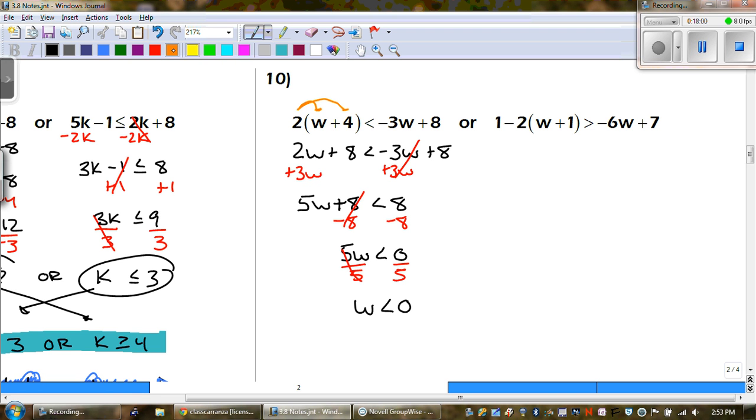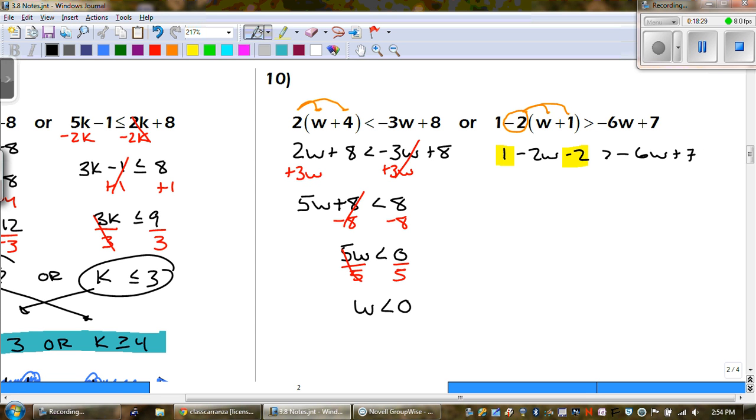Okay? Now, why don't you guys pause the video and try 10 on your own. Okay. I'm going to go through this anyways, even if you did pause it. So good job if you tried it. You get negative 2w minus 2 is greater than negative 6w plus 7.